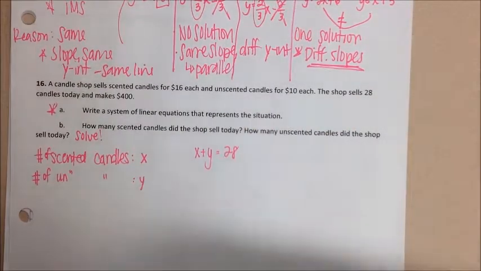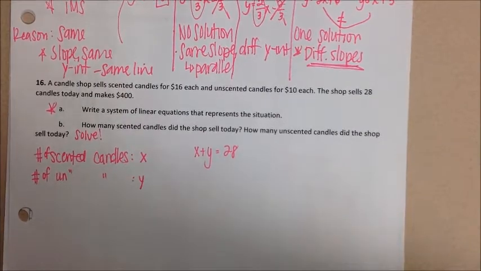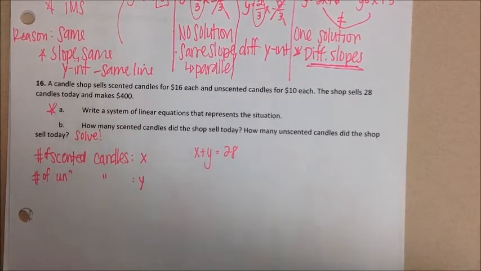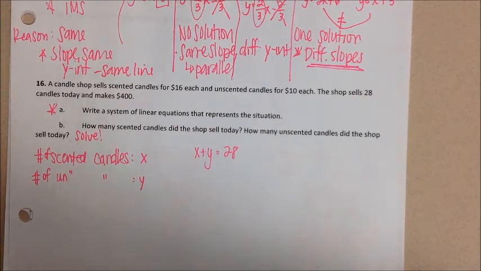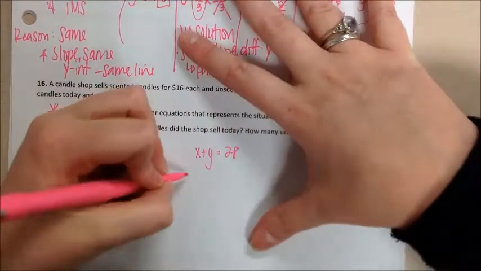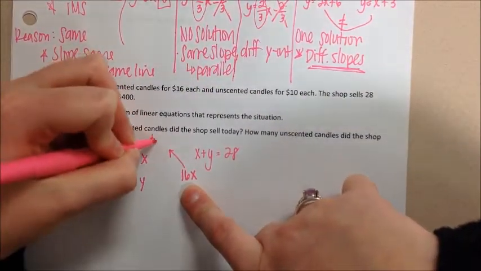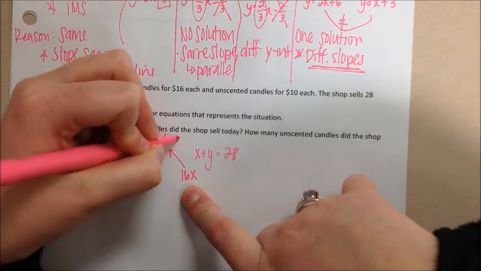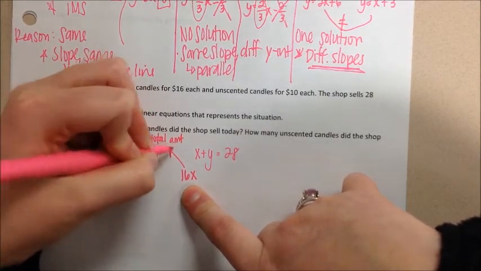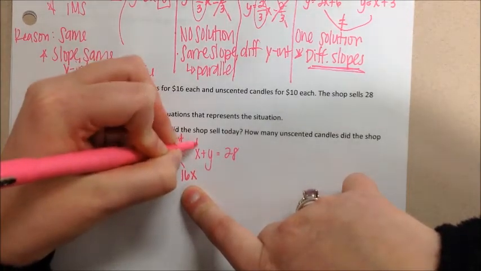Now, I don't know how many scented candles were sold, but if I did, I would multiply that number by 16 to figure out the total cost for the scented candles. But I just know that the number of scented candles was X, so I'm going to do 16X, and that's the total amount from scented candles.